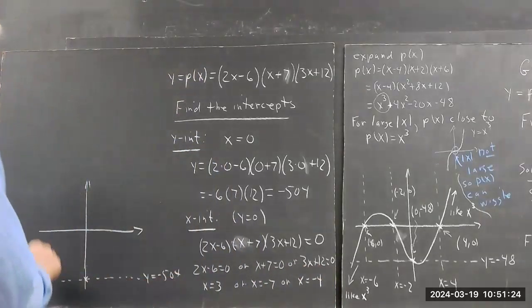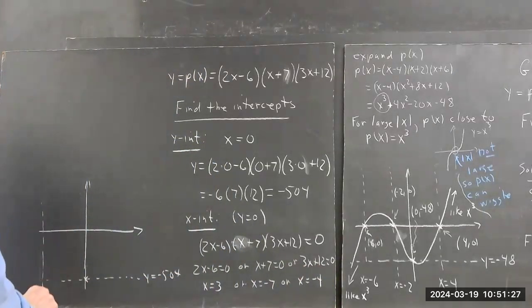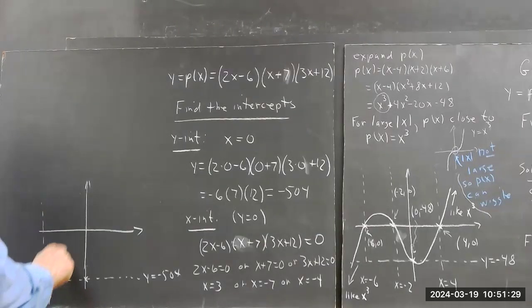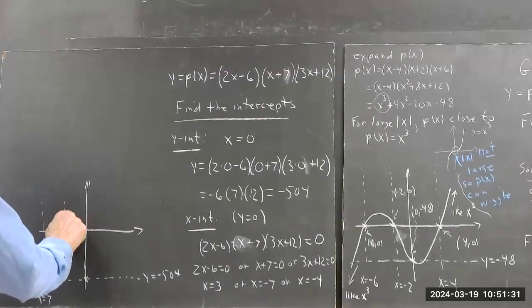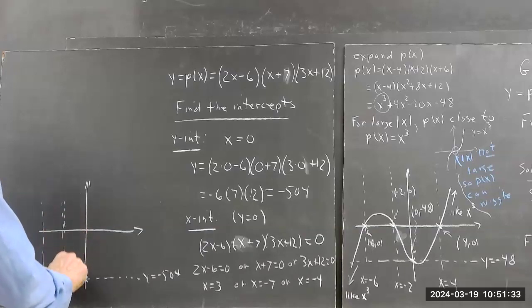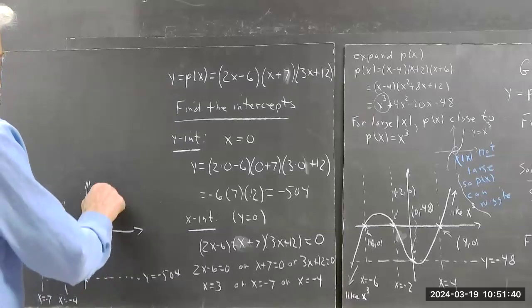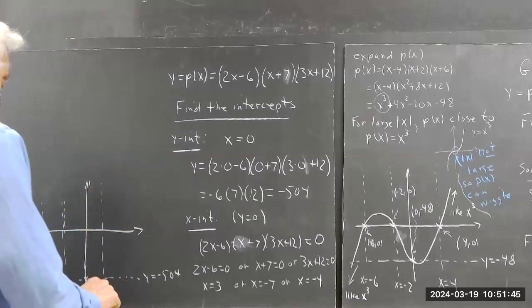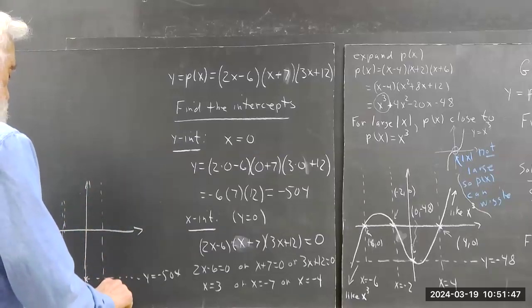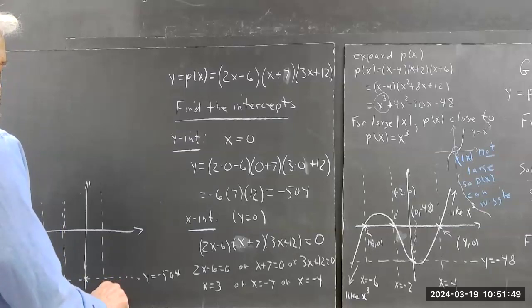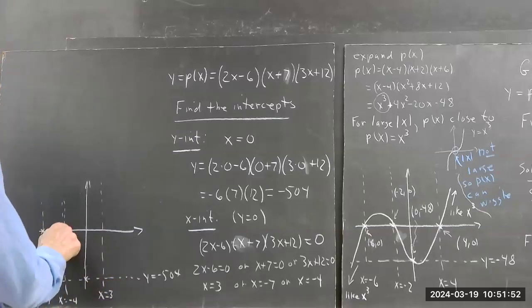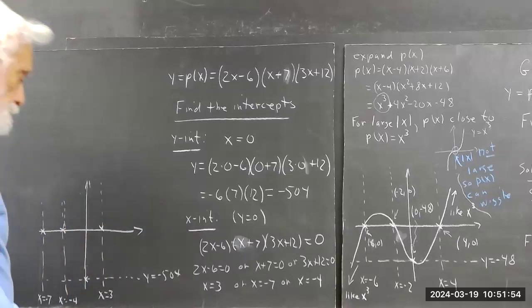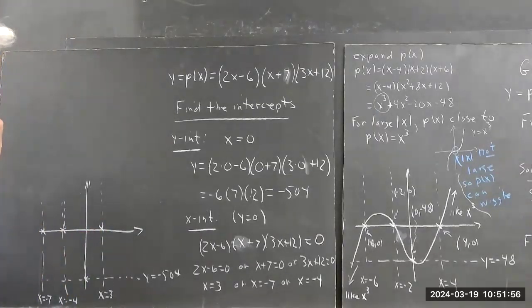So now we can sketch. One for x equals 3, another one for x equals negative 7, another for x equals negative 4. And there we have our x-intercepts.